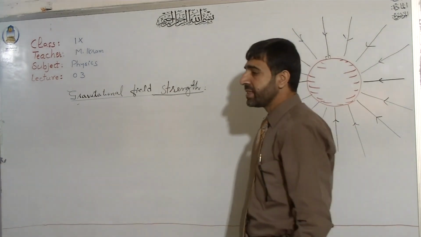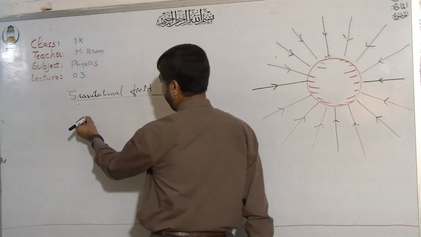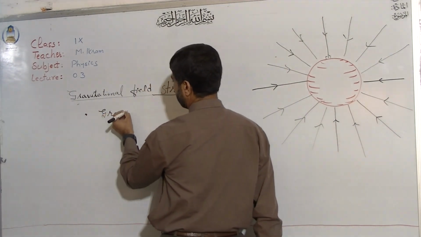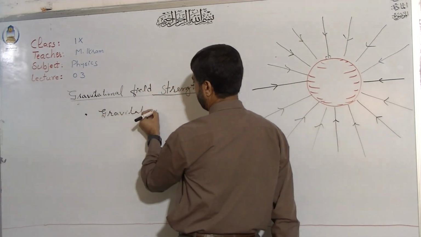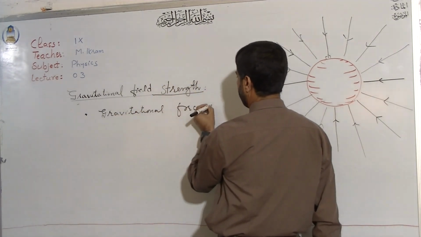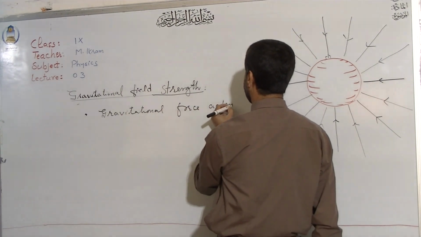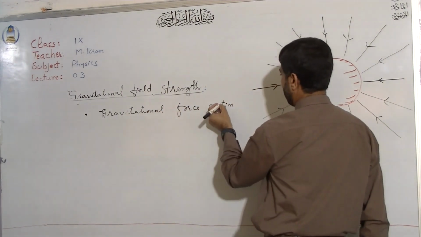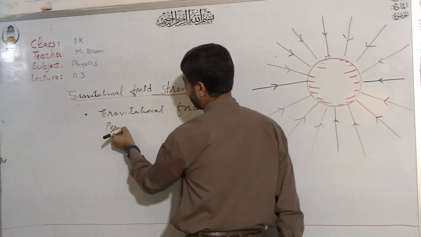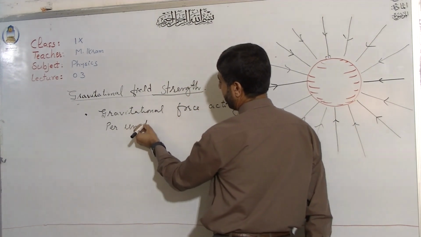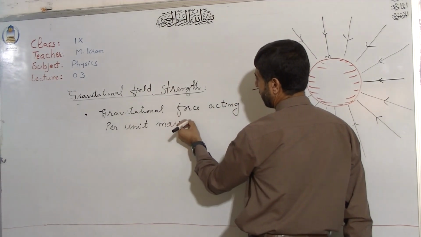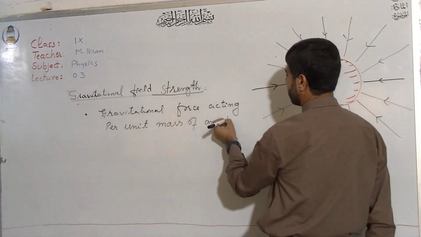Physically, the gravitational field strength is defined as the gravitational force acting per unit mass of an object.